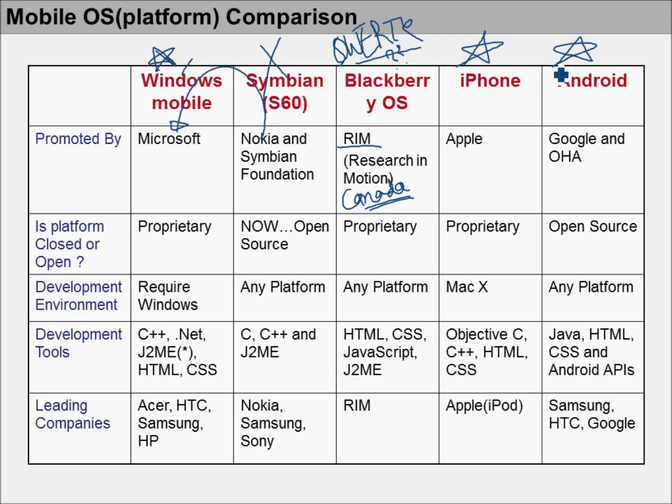Windows Mobile is obviously from Microsoft, and it is a proprietary system. The operating system is not open source. Whereas iPhone is developed by Apple. It is a proprietary system again. But Android is developed by Google and the Open Handset Alliance, and it is an open source operating system.